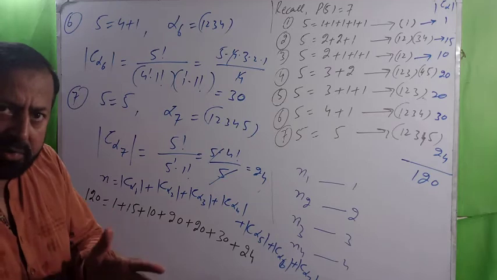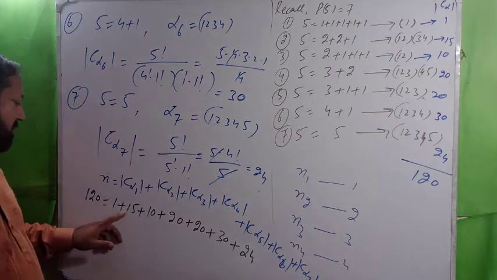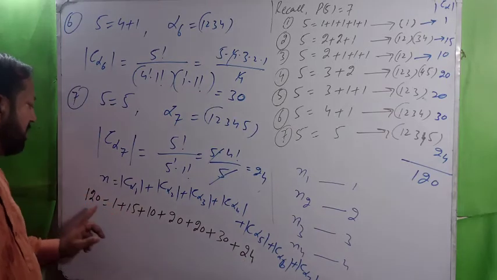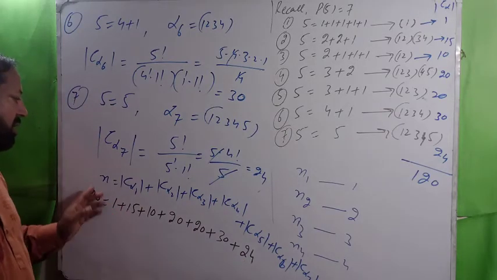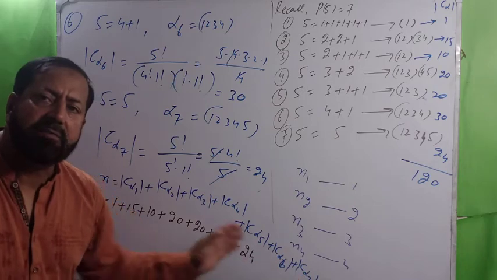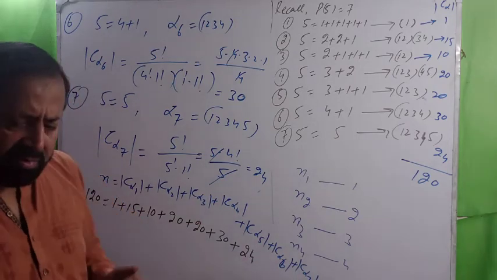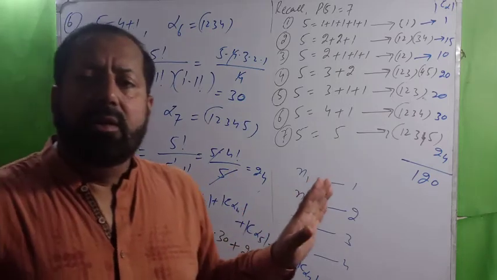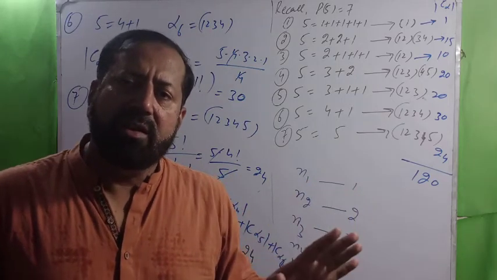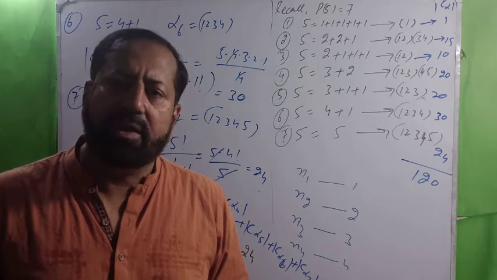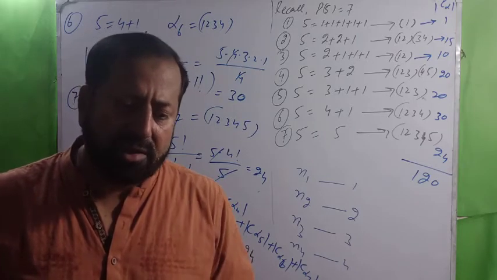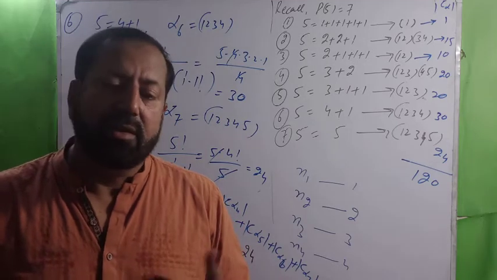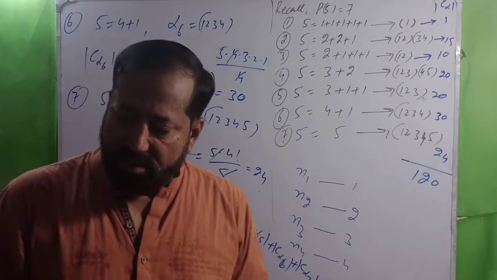If you add this, it would be 120. Now you have seen that without writing the elements of S5, we can find its class equation as well as its conjugacy classes and in fact the partitions. Okay.